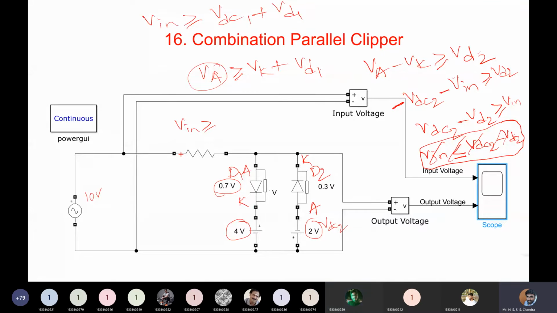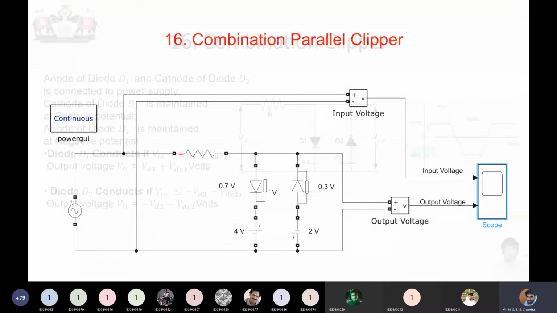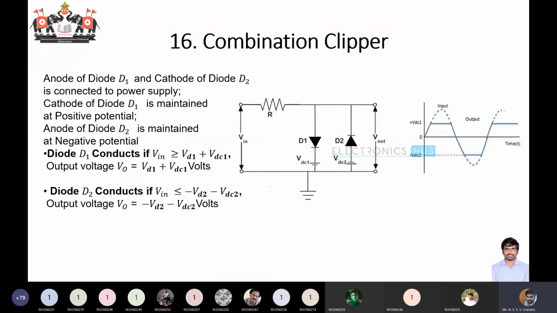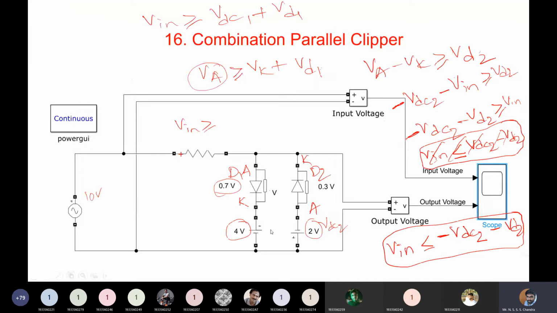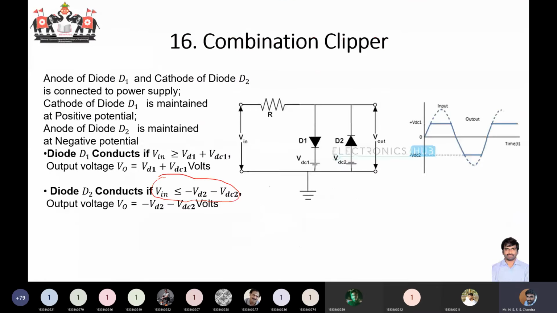Here we have minus VDC2, so the condition becomes VIN less than or equal to minus VDC2 minus VD2. This is the condition because here at the anode we have negative voltage. You can see that for the diode D2 we have VIN less than or equal to minus VD2 minus VDC2. The same thing we are getting here.